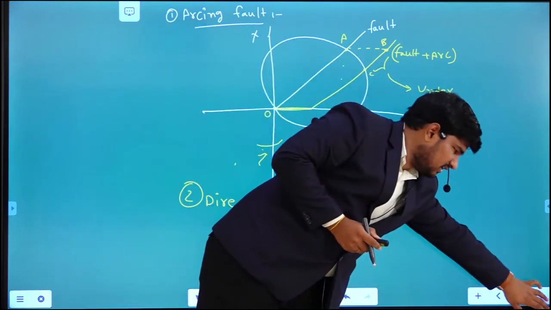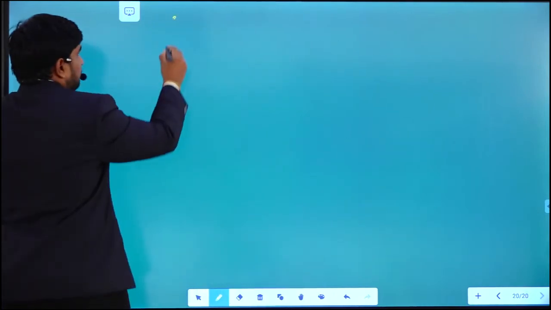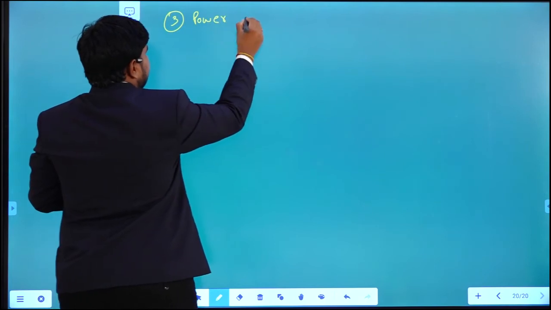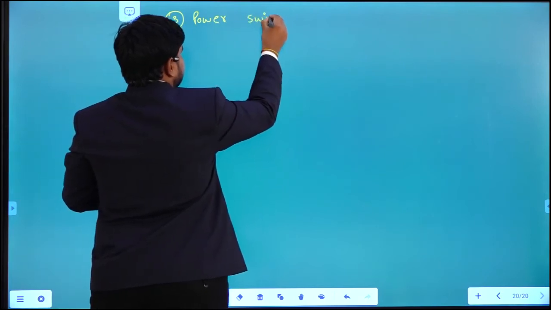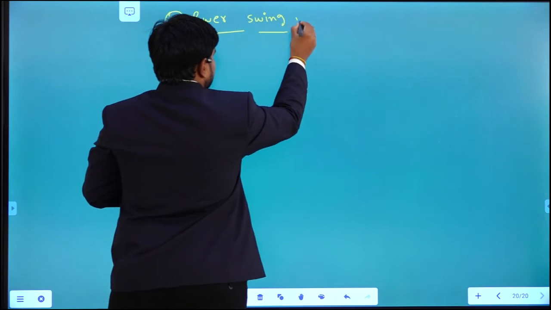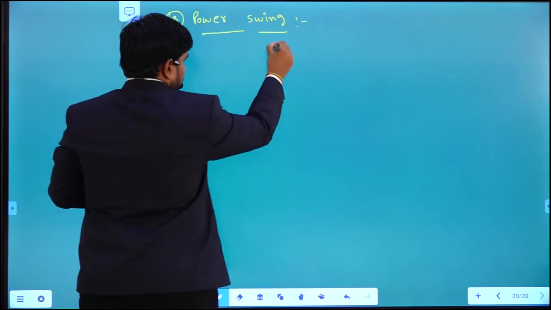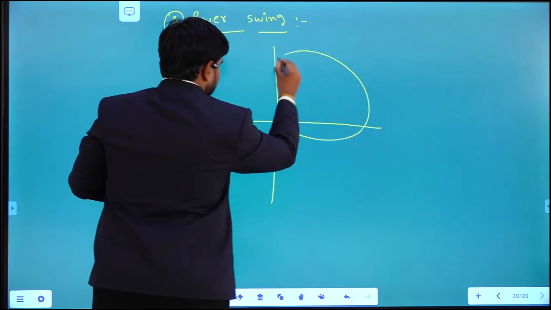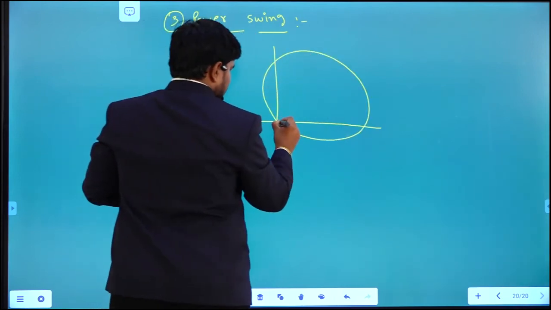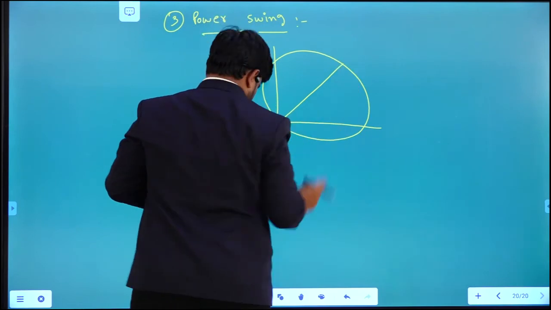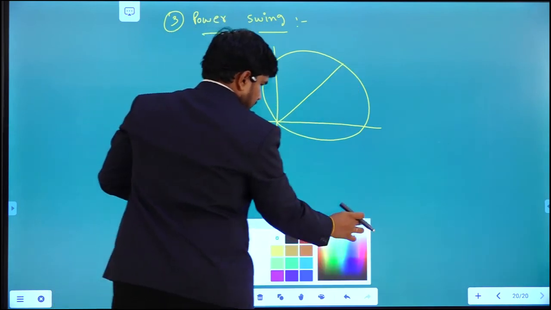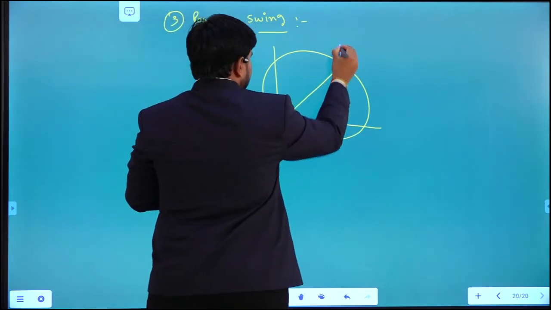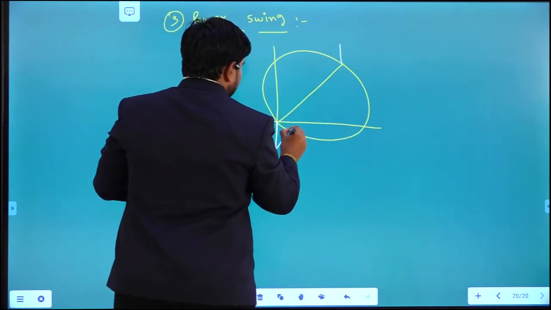And the third limitation, let us see, that is power swing. Is the effect of power swing eliminated or not? Because of this power swing, there is a production of oscillations similar to the previous one, right?